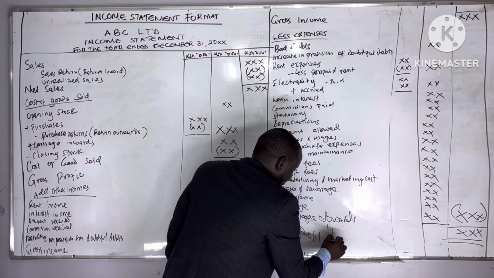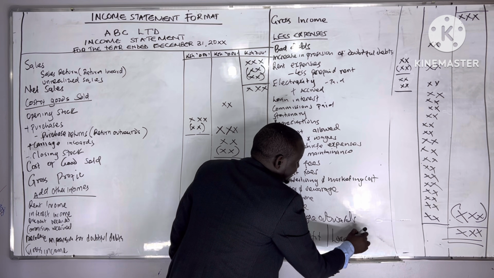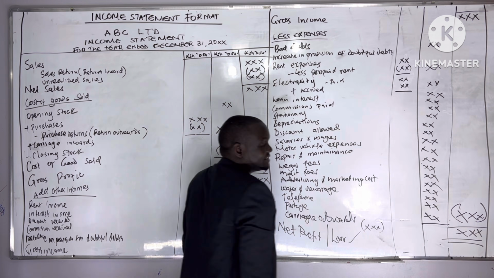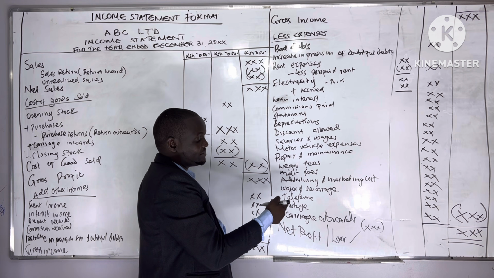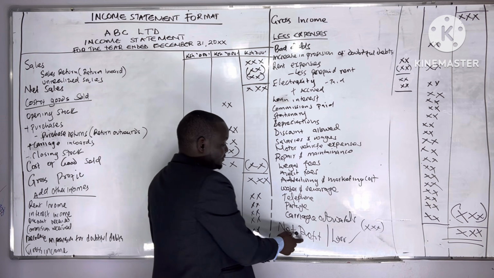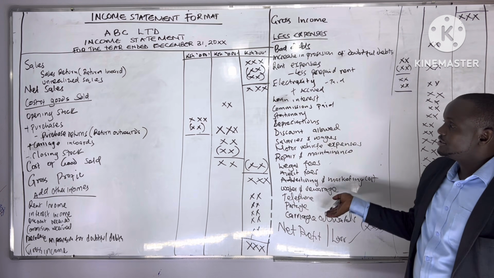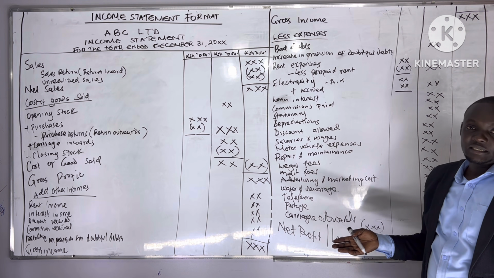Net profit or loss. If it is a loss, the figure will be in bracket. If it is a profit, the figure is not in bracket. That is how you do an income statement. Thank you.